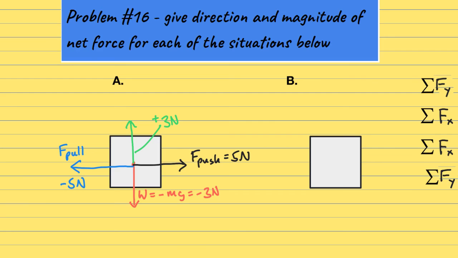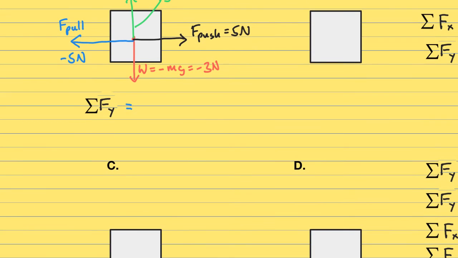So then if we go in here and we sum these forces, we can sum them in the 2 different axes. So we have summation of forces in the y direction. Let me move up my page a little bit here.